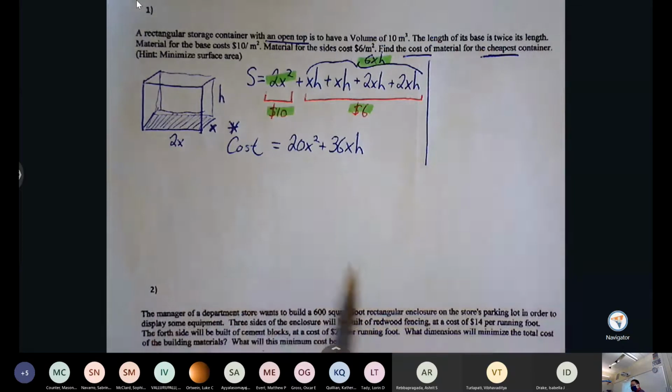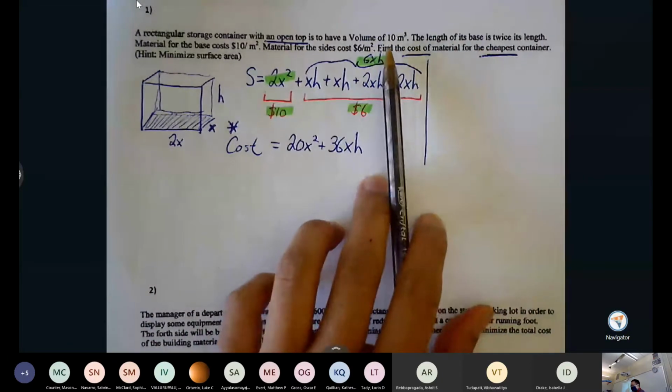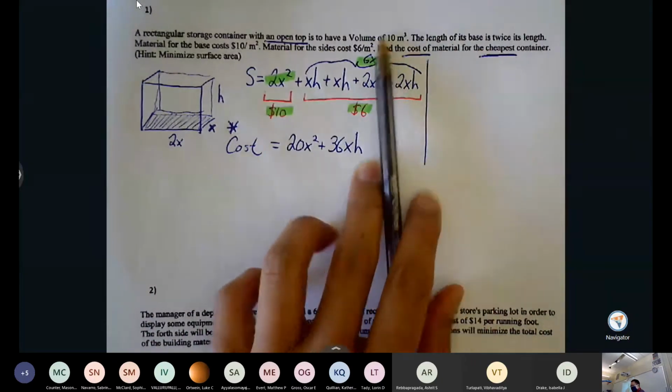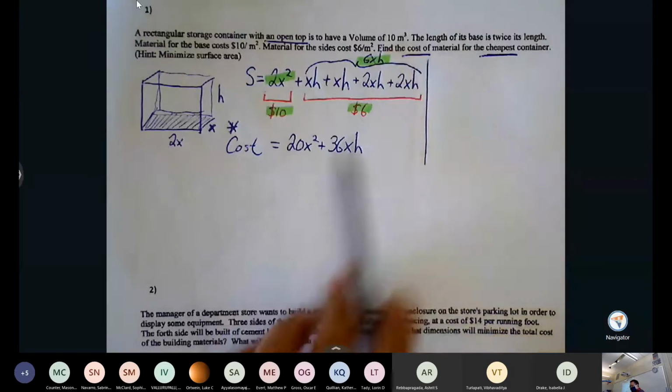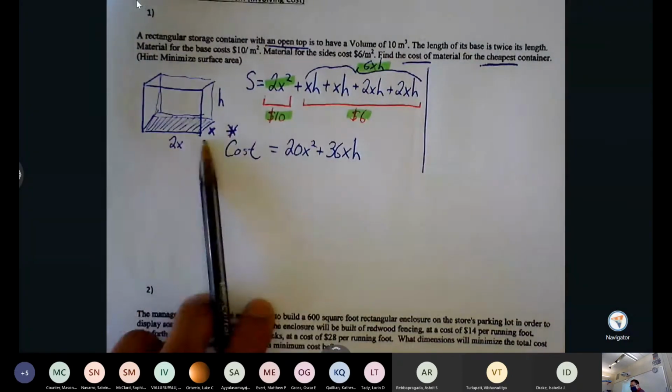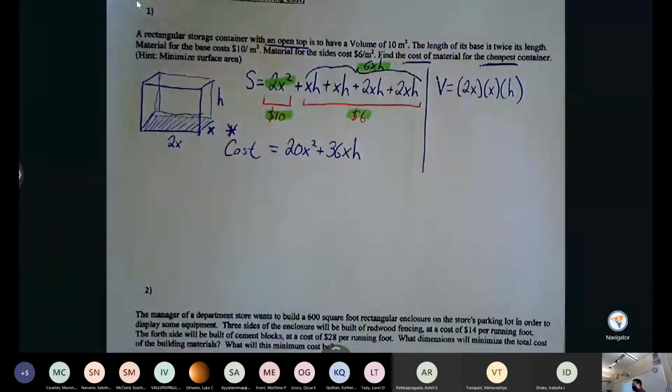So we have some other information that's provided, and that is volume. So volume of the box is 10 cubic meters. Let's build our volume equation. Volume is length times width times height. Replace V with 10. Clean up our equation.